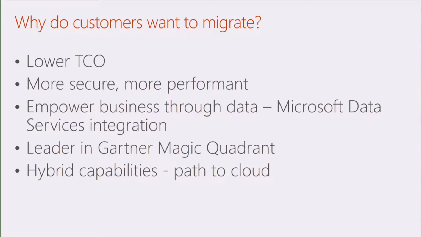Well, before you get into that question, let me iterate on a few points on why customers want to migrate. You spoke about reducing infrastructure cost, and reducing operation cost. One of the biggest advantages of going to 2016 is you can lower the total cost of ownership.